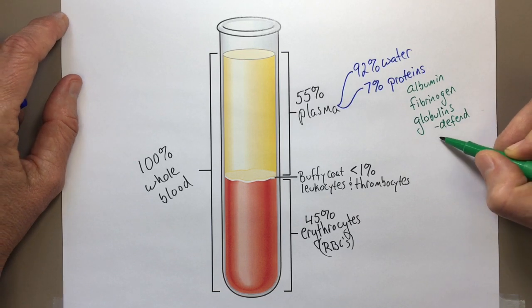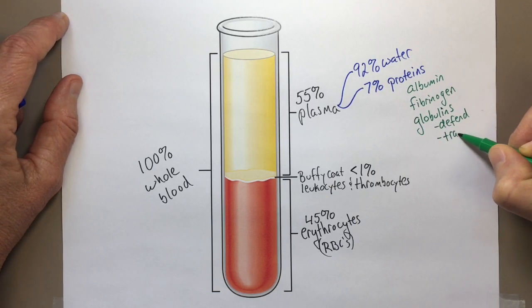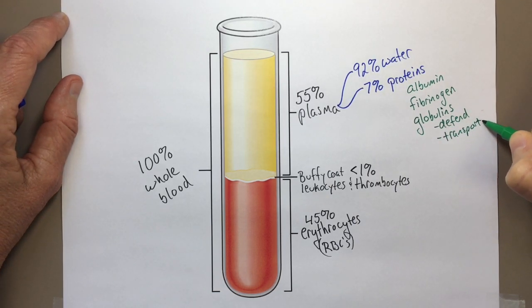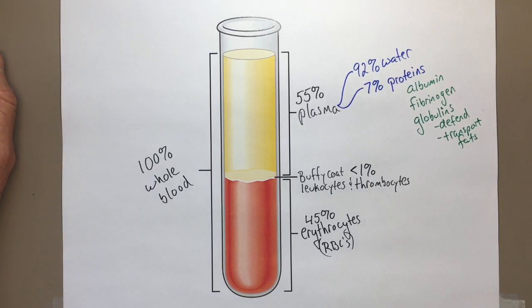Other globulins transport fats through blood. As you've learned in some other class like chemistry, you know that oil and water don't mix, and since blood is mostly water, any fats that we might be absorbing into that blood would pool to the top of the bloodstream if we didn't have some way of making them go with the flow of blood.